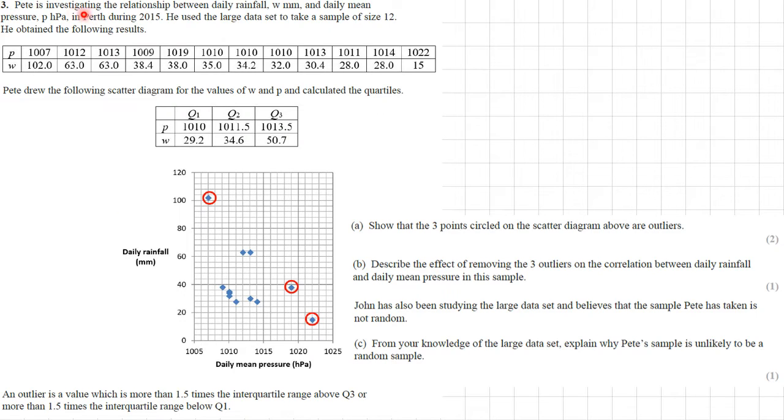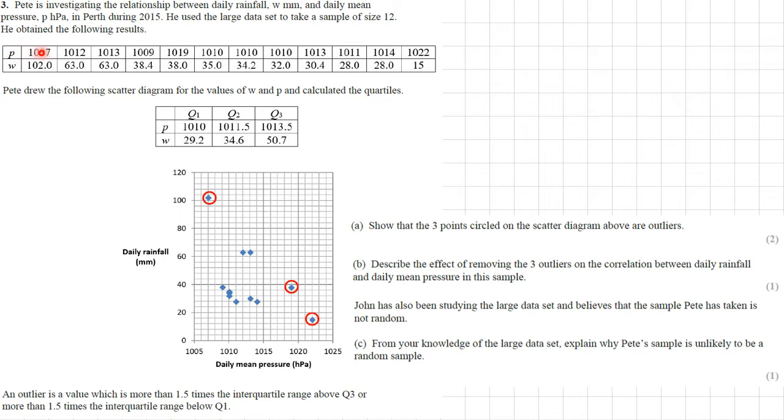Question 3. Pete is investigating the relationship between daily rainfall, W millimeters, and daily mean pressure, P, in hectopascals, HPA, in Perth during 2015. He used a large data set to take a sample of size 12. He obtained the following results.